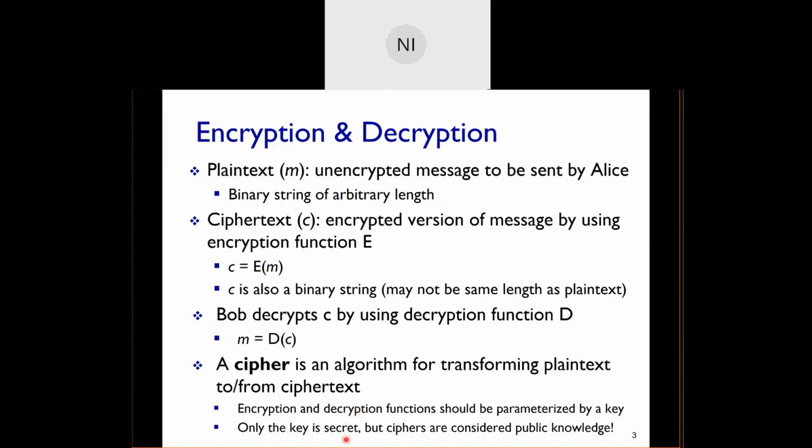The only secret that we have here is the key, whereas the ciphers are considered as public knowledge. So it is quite interesting and very counterintuitive to understand this part. What this statement basically says is the cryptographic algorithms that you use are known to everybody, but the confidentiality of the data that you wanted to transmit is entirely relying on the key which is supposed to be only known to the intended party, in this case Alice and Bob.